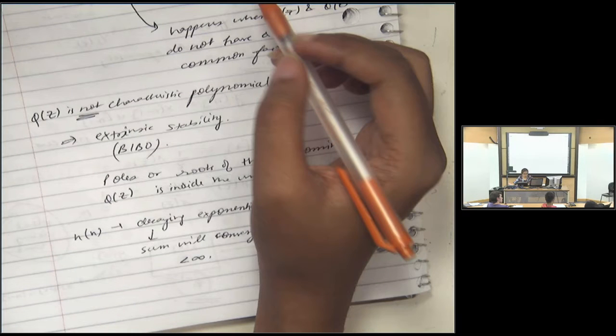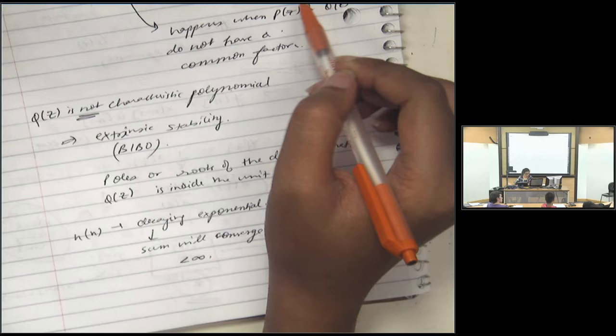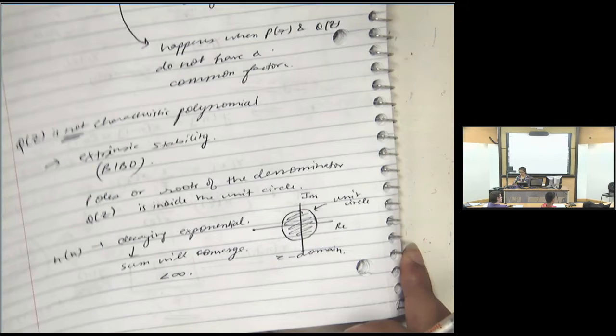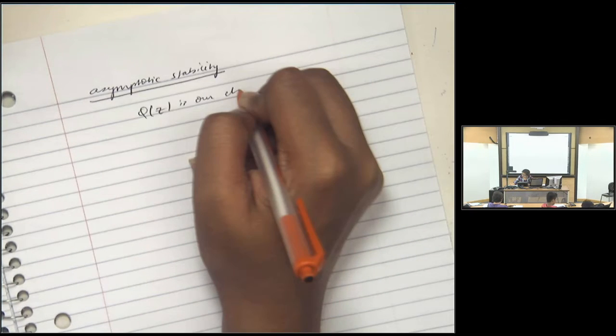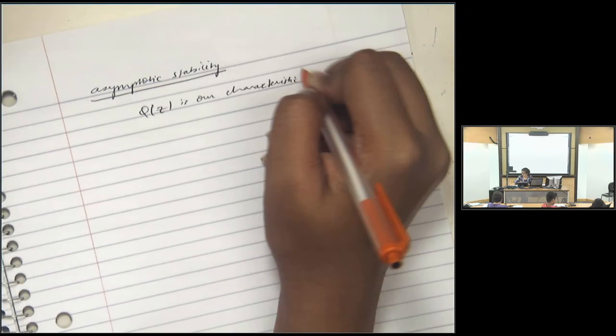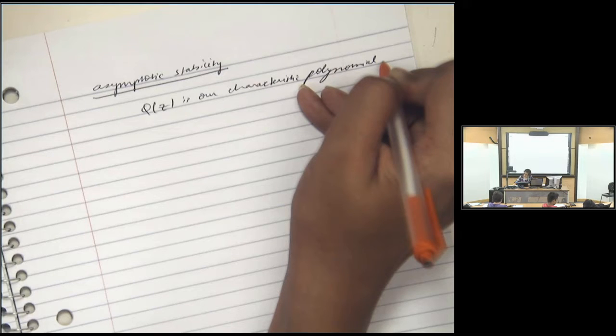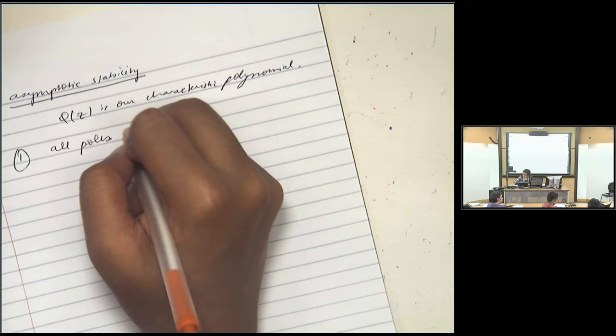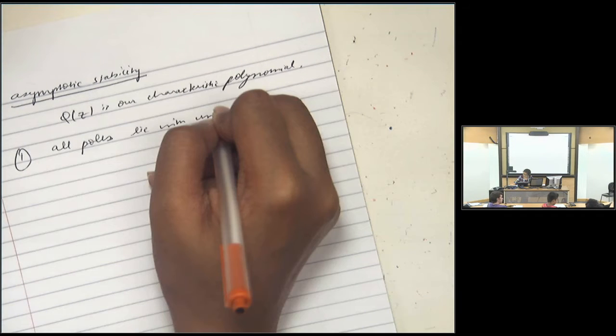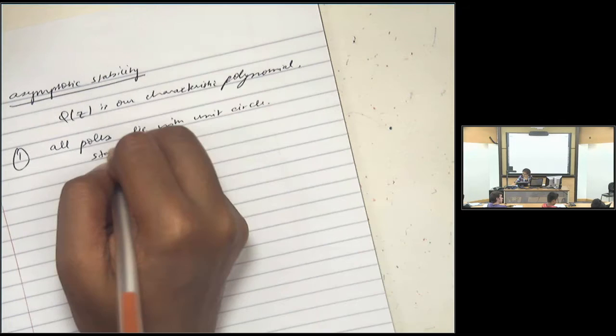And for asymptotic stability, it's again the same case. So let me outline the cases for asymptotic stability. q of z is our characteristic polynomial. One case is when all poles lie within the unit circle, then it's stable.